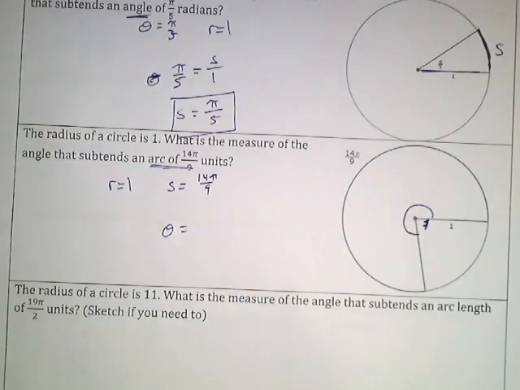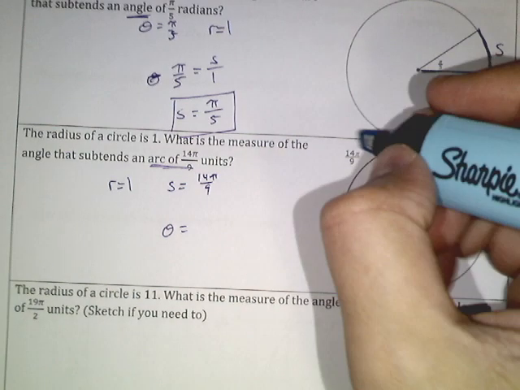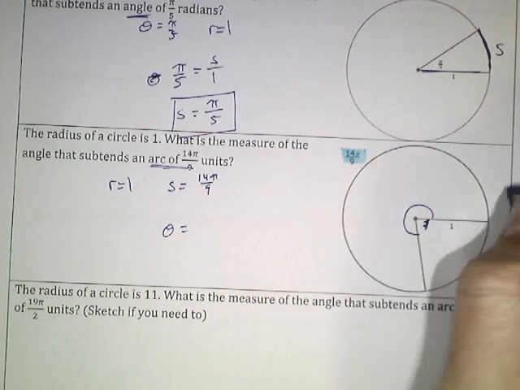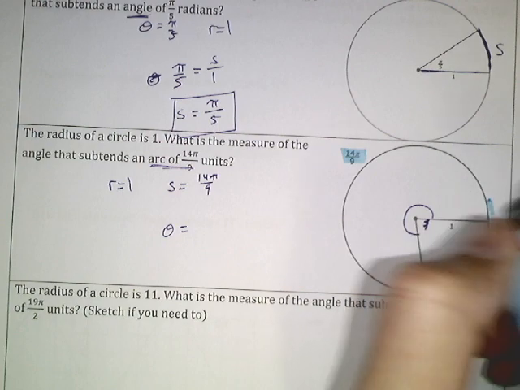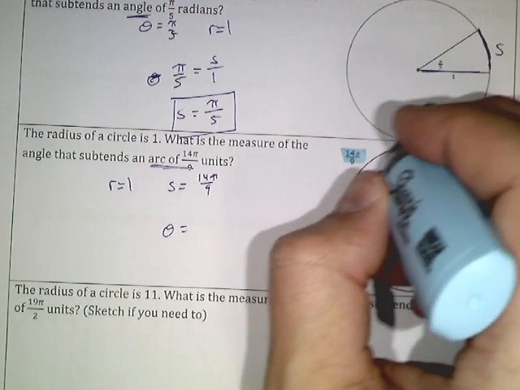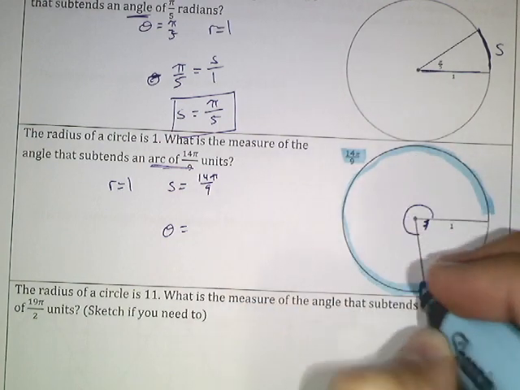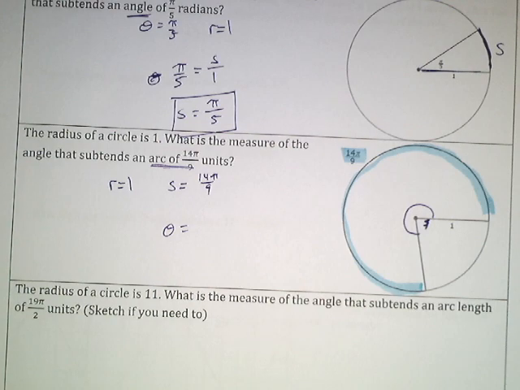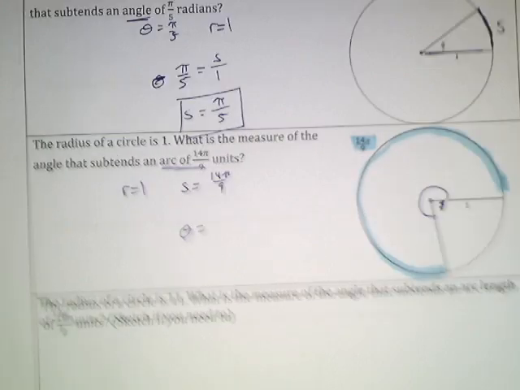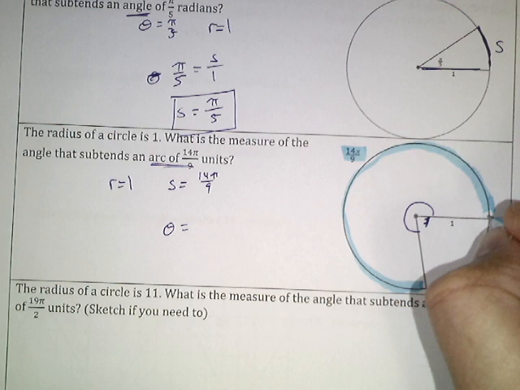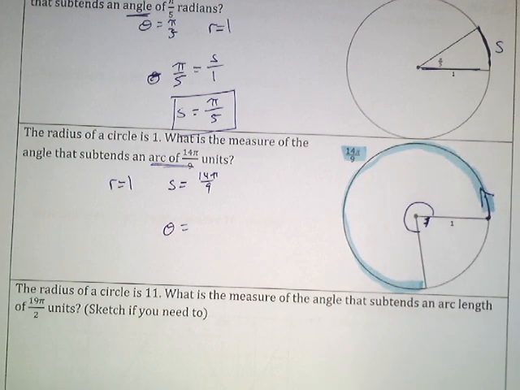Since we see that our arc length is right here, we start right here and go around when we measure arc length. So we start from here and we go in a counterclockwise direction.